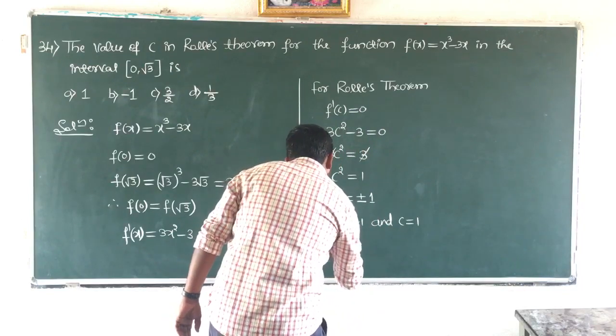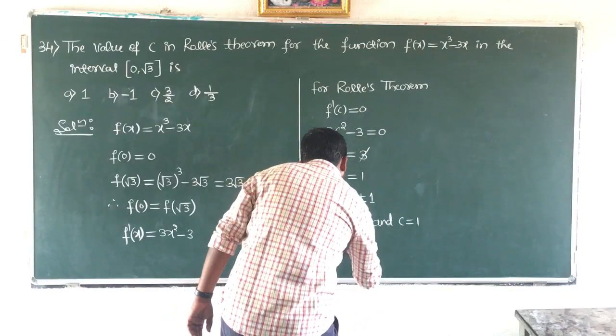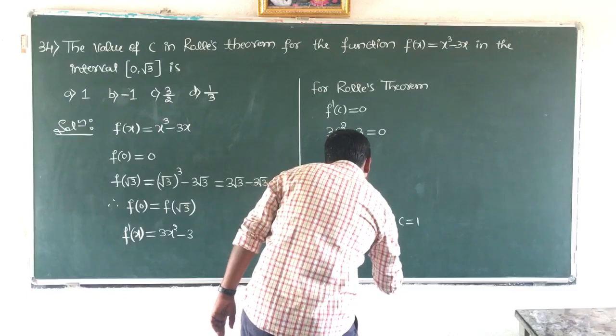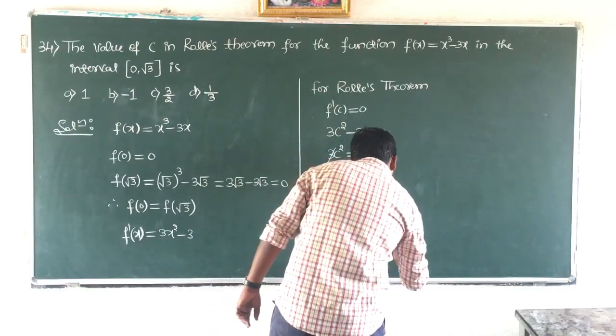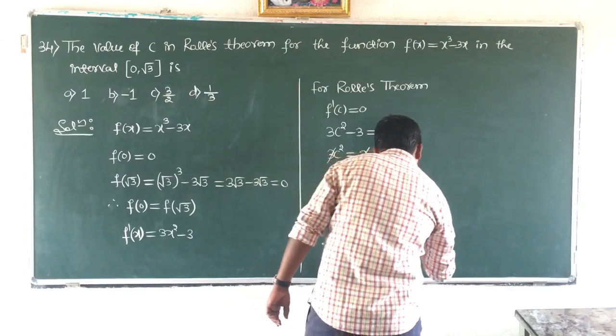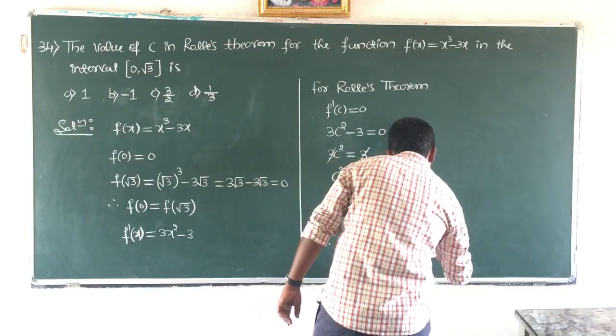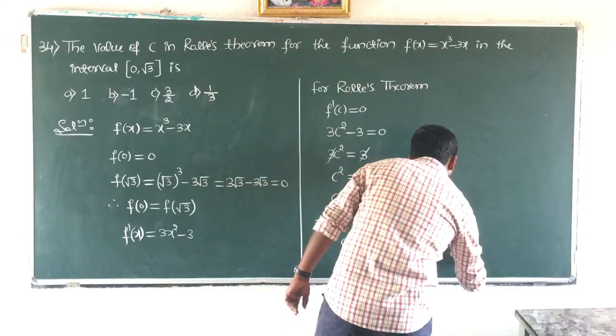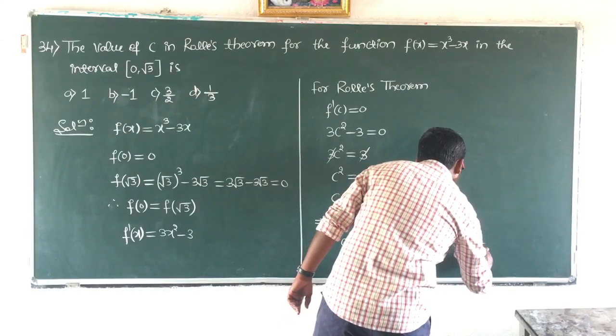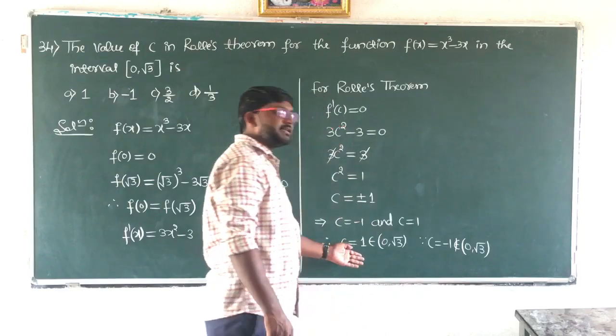Therefore c is equal to 1, which belongs to the open interval 0 comma root 3, since c equal to minus 1 doesn't belong to the open interval 0 comma root 3. Therefore the value of c is 1.